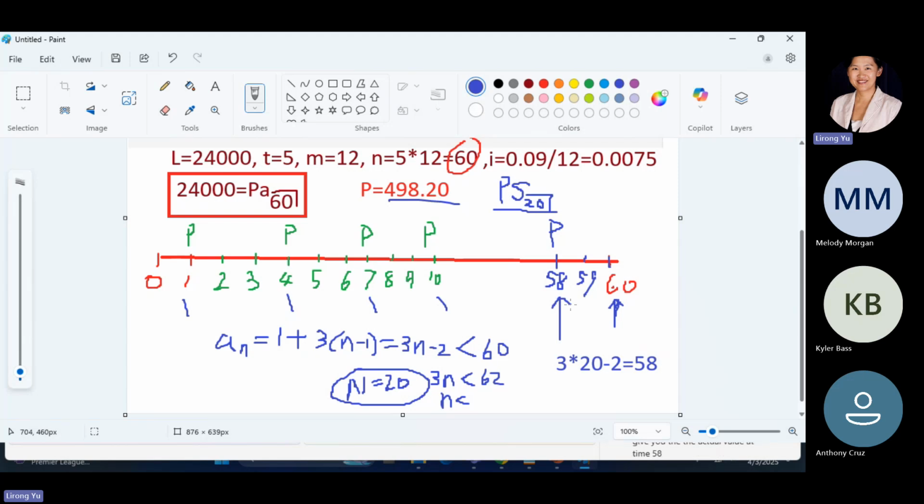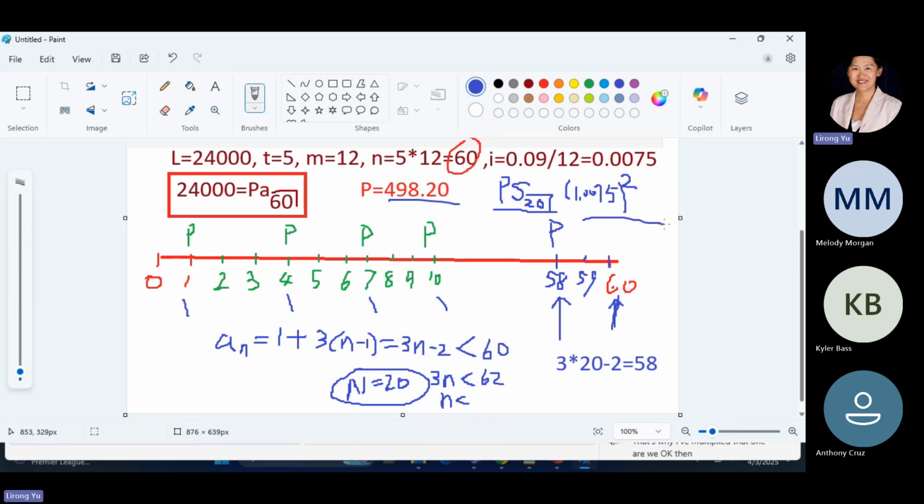And you have to multiply by 1.0075, the monthly interest rate, to the power 2. So if we calculate P times S_20, then we have to let it grow until time 60. That's why I've multiplied by that.